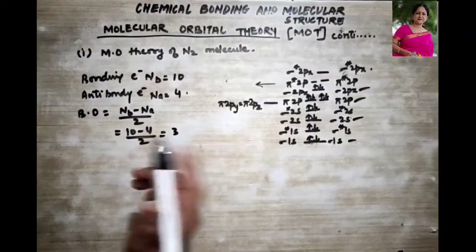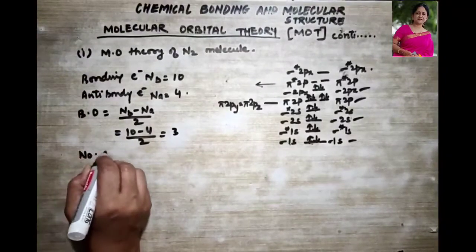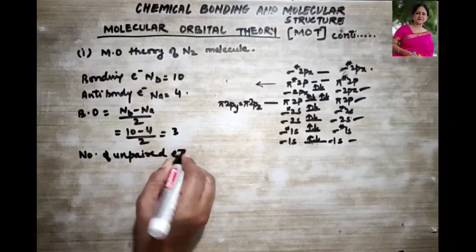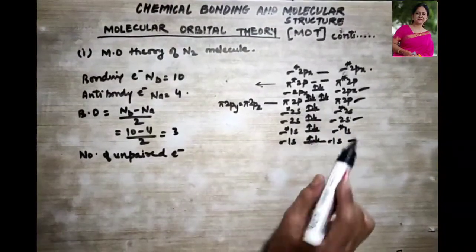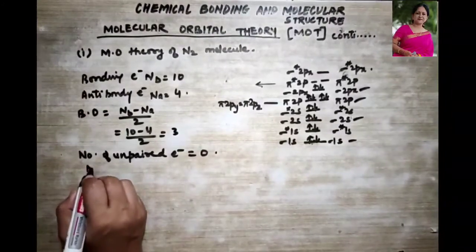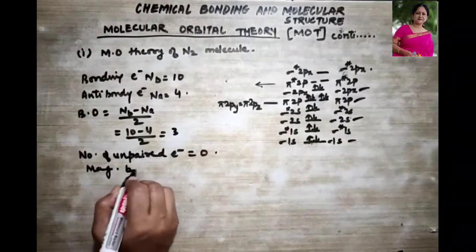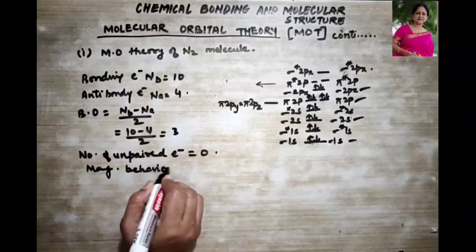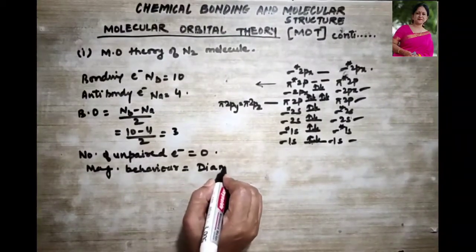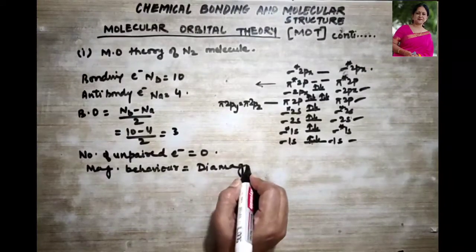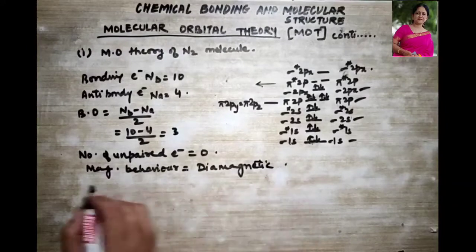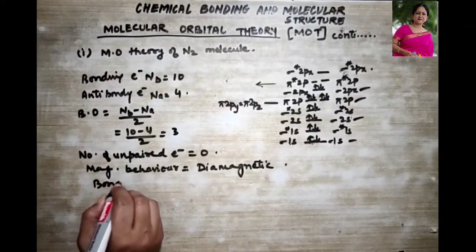Now number of unpaired electrons. Check. Any unpaired electron? No. 0. If there are no unpaired electrons, then what is the magnetic behavior? They are diamagnetic. Clear? Then what about the bond energy?